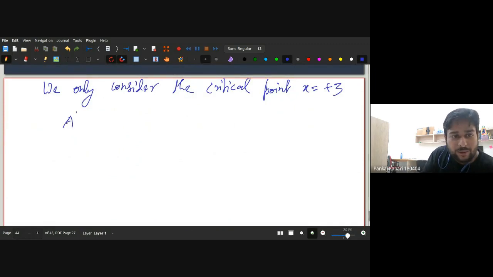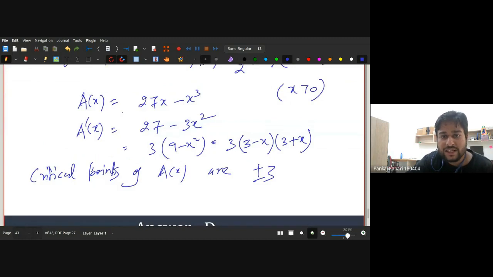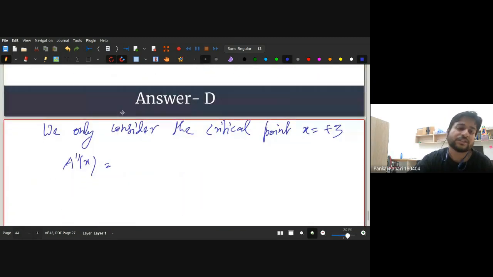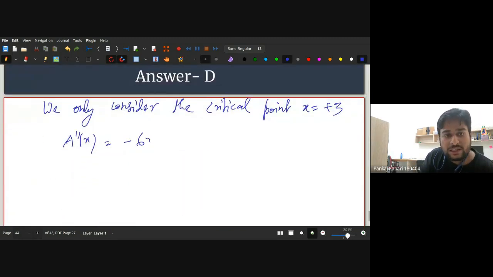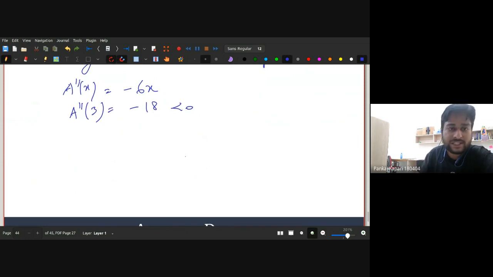What is A double prime of x? You can see that the derivative is 27 minus 3x square, so the second derivative is minus 6x. If you plug in plus 3, then you will have minus 18, which is negative. The second derivative test says that if at a point the second derivative becomes negative, that means it's a point of maxima.